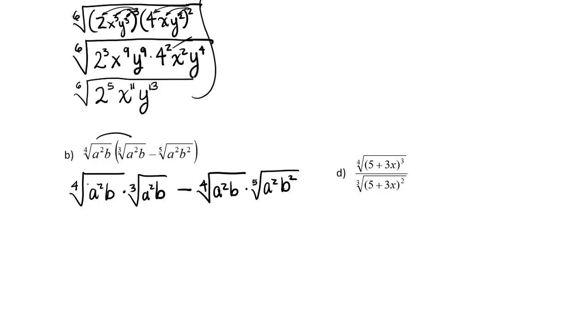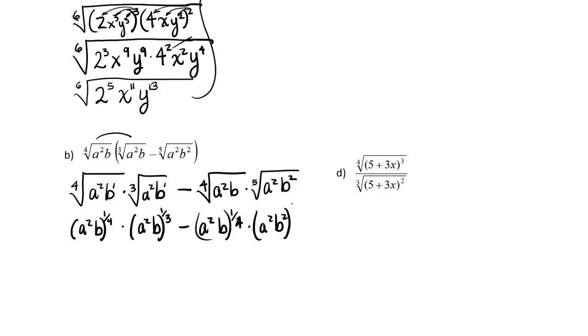We need to get a common index. A squared b raised to the 1/4 times a squared b raised to the 1/3 minus a squared b raised to the 1/4 times a squared b squared raised to the 1/5. I need a common denominator between 4 and 3 and 5.